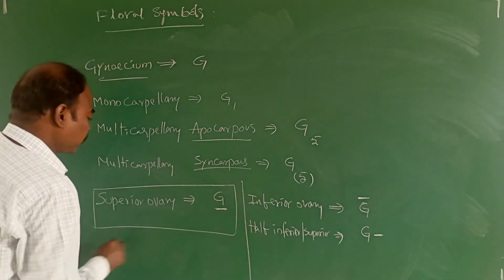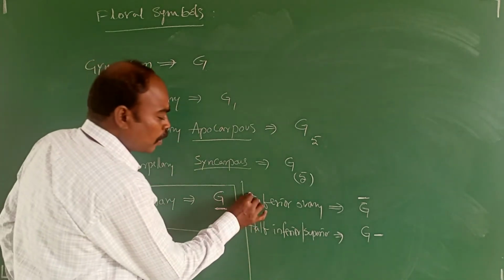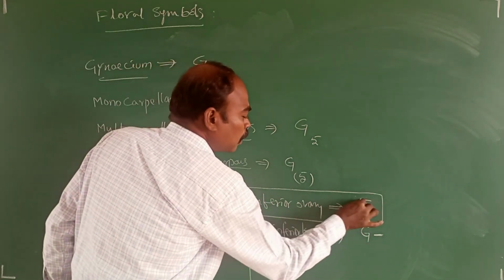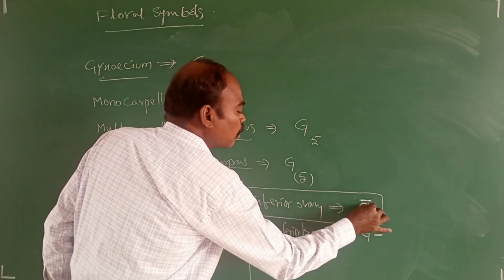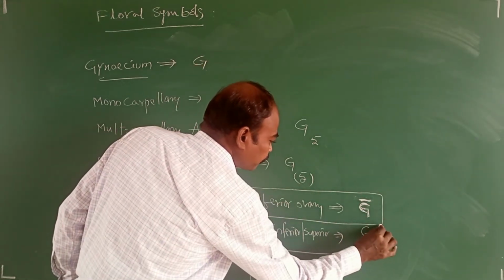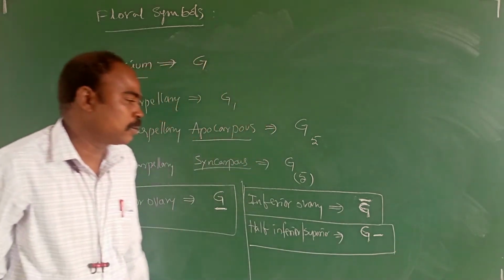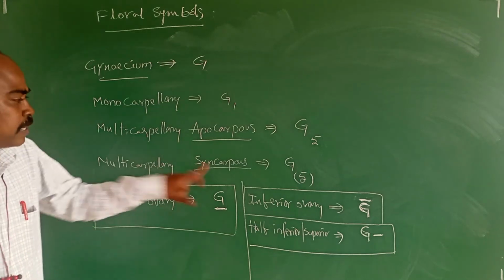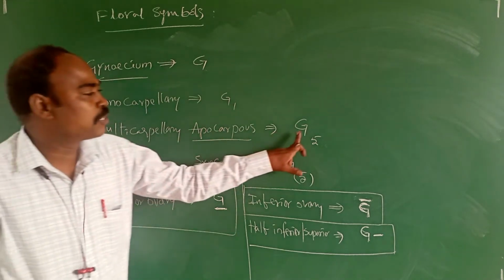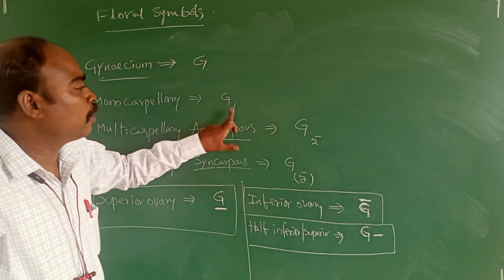Syncarpous, G with the number in brackets, fused. Apocarpous, G with the number, free. Mono, G1.